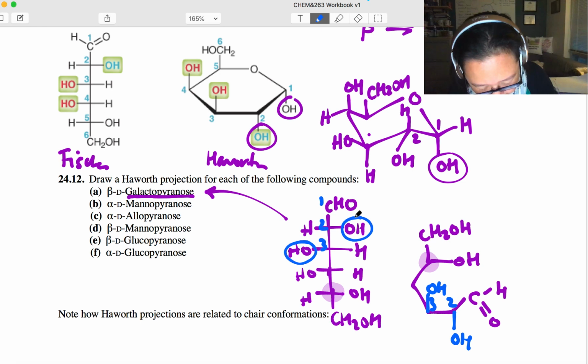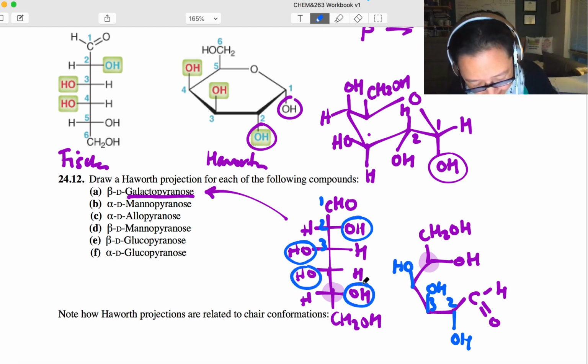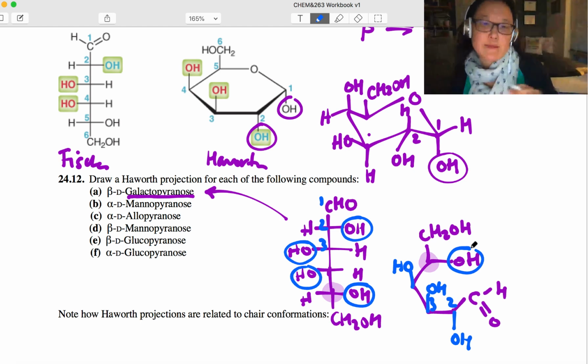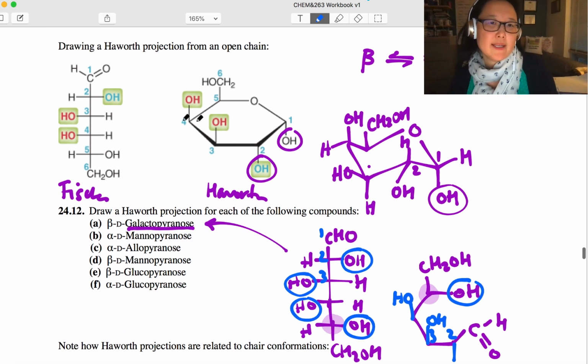So right, left means down, up. Okay? And if you look at this one, it does the same thing. You have right, left, so down, up.